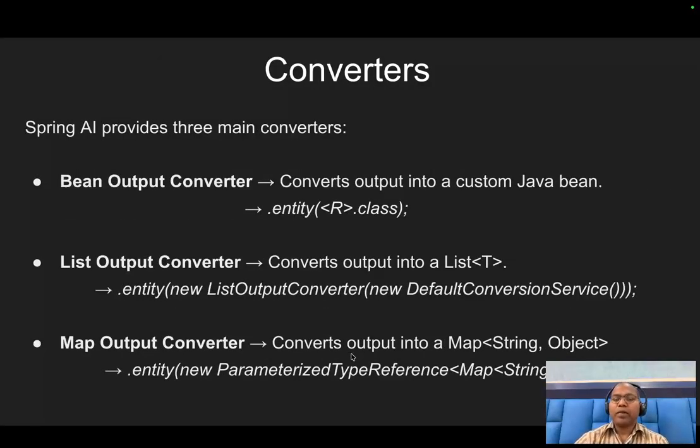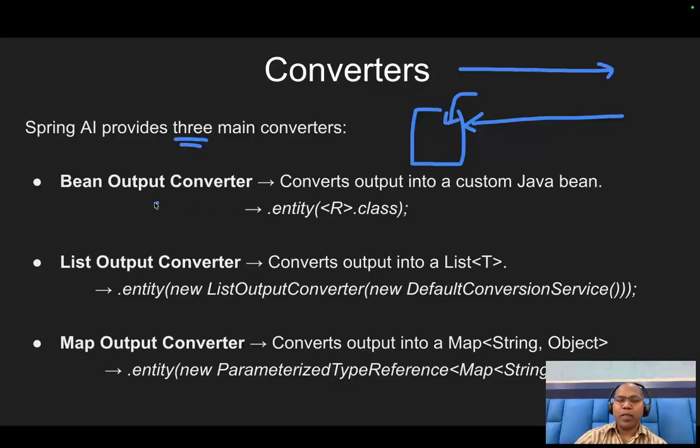Okay, and if you talk about what Spring AI offers, mostly a couple of types of conversion. So mainly there are three types of converter. One, maybe you are asking for some data and they return only one object. So here Spring offers two levels of API. One is a very high level API, and one is a very low level API.